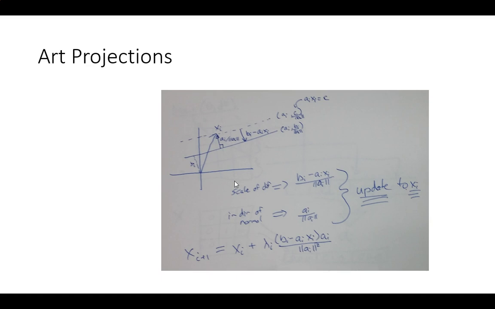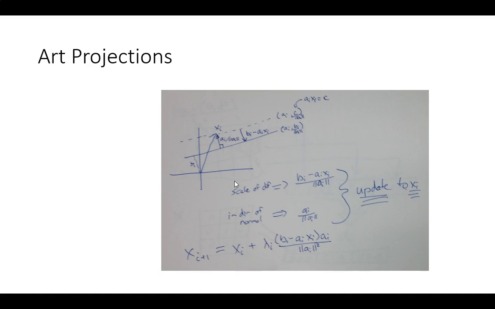This gives me my update to a_i x. So my next guess is the previous guess plus, that's just your weighting, and this is just your projection, the direction and the scale or magnitude. Put those two together, calculate that, multiply by lambda_i, and add it to our updated image.